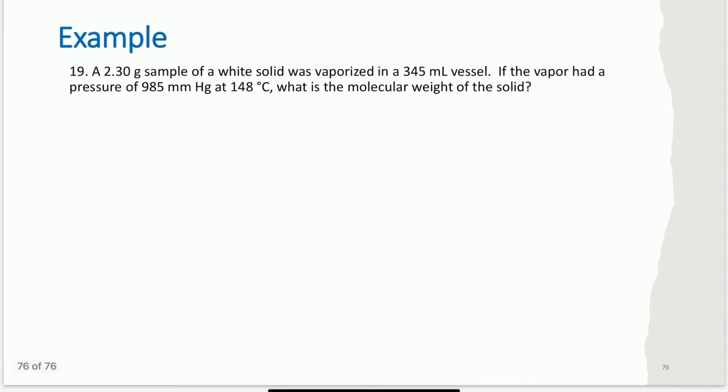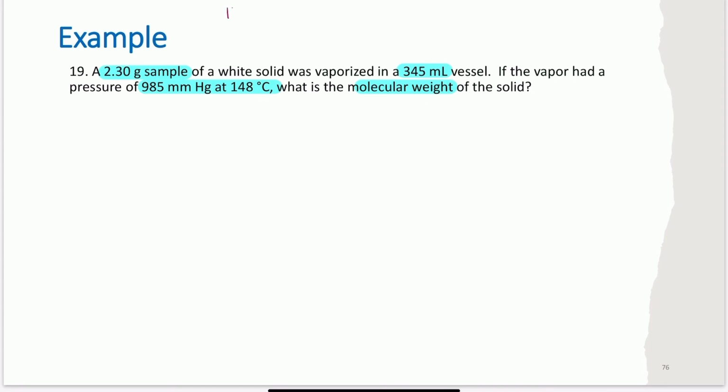And our last example for the extra practice for Chapter 6: a 2.3 gram sample of a white solid was vaporized in a 345 mL vessel. If the vapor had a pressure of 985 millimeters of mercury at 148 degrees C, what is the molecular weight of the solid?